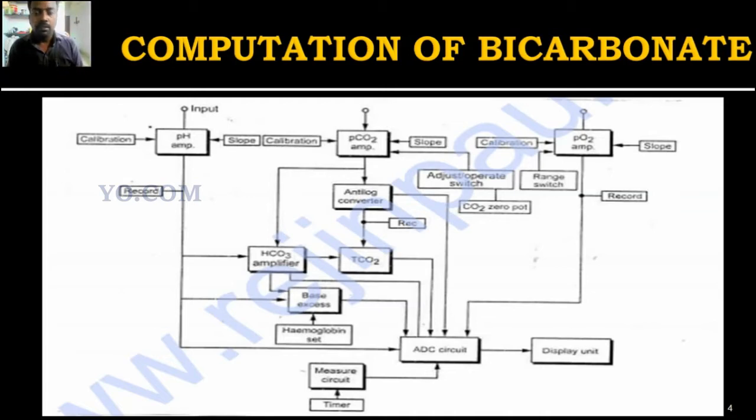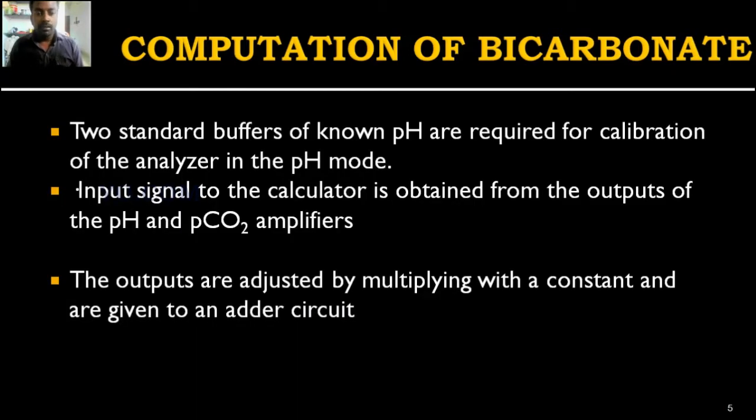Next we are going to see the things related to the bicarbonate measurement. Two standard buffers of known pH are required to calibrate the analyzer in pH mode. A buffer, in the sense, is also used to calibrate the analyzer.